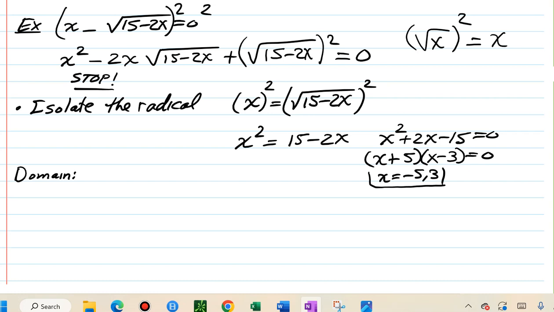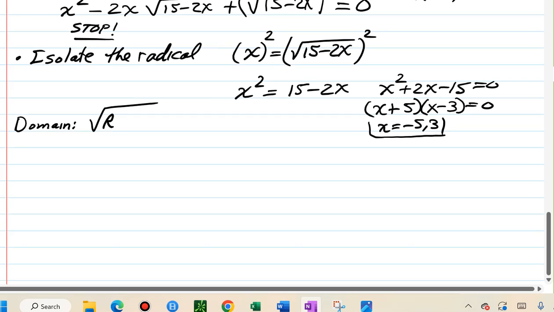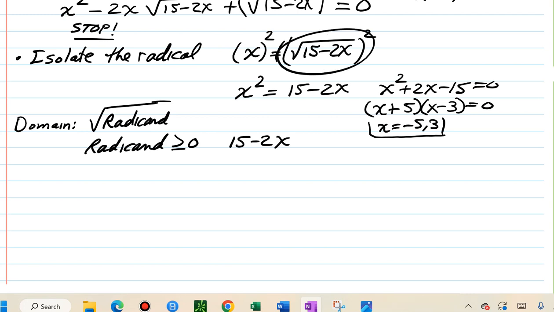Our work is primarily with square roots. The domain is where the radicand has to be at least 0. In this case, 15 minus 2x is our radicand, and that's going to be greater than or equal to 0.